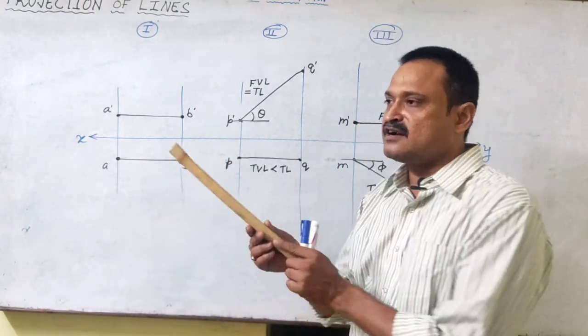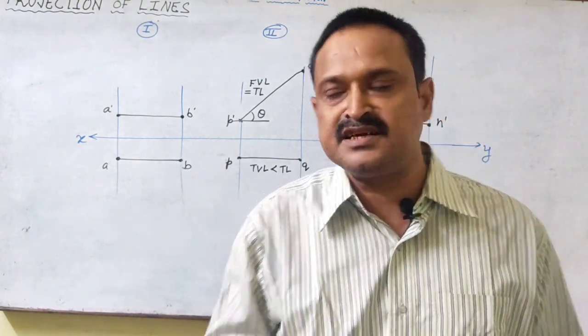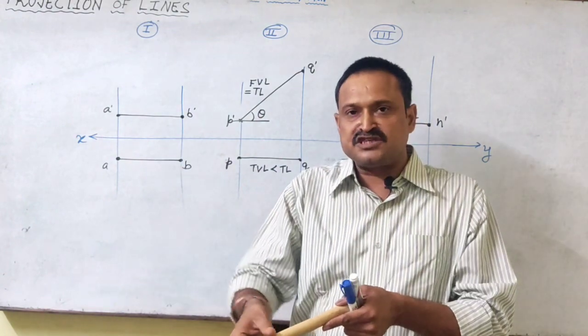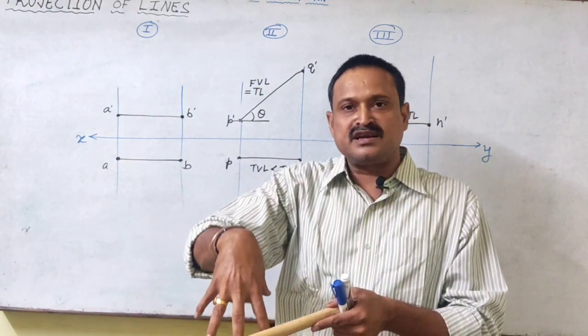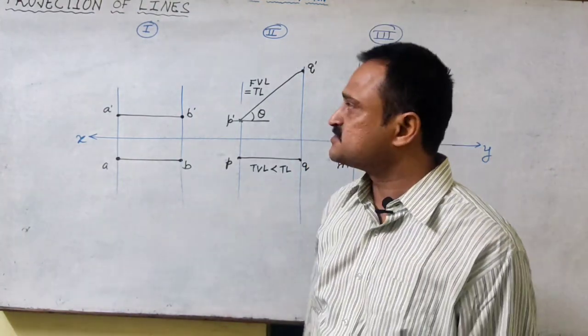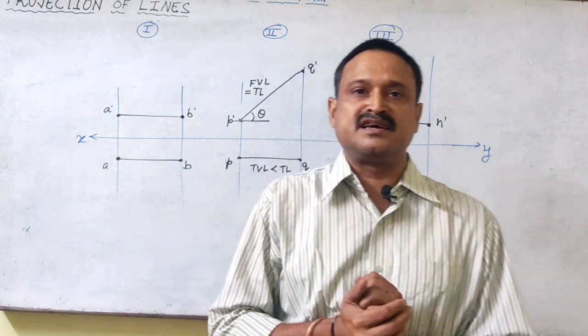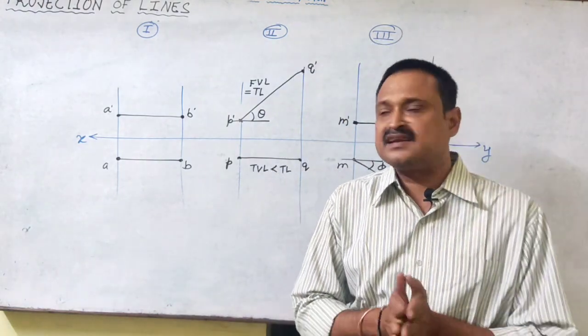If the line is parallel to VP, the front view will give the true length and true inclination. If the line is parallel to HP, the true length and true inclination will be achieved in the top view, and we have to use this to find the solution for the oblique conditions of a given line.